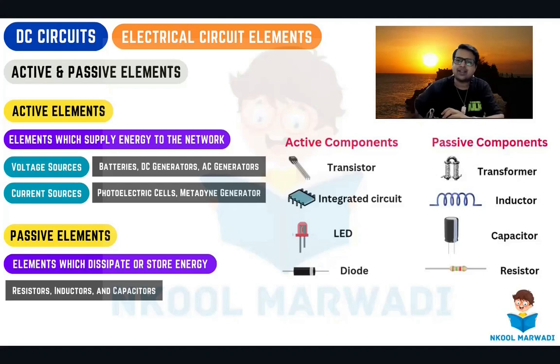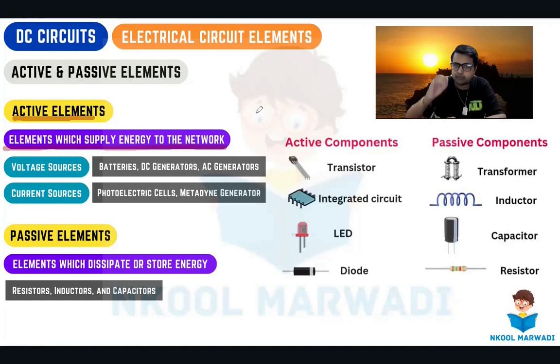Now we can also categorize circuit elements as active elements and passive elements. So what are active elements? Elements which supply energy to the network. Basically, active elements are those which don't consume or dissipate or waste the energy, which either supply the energy or provide a passage to the flow of current.